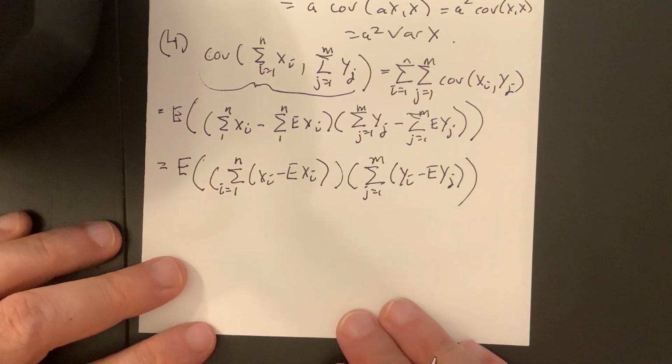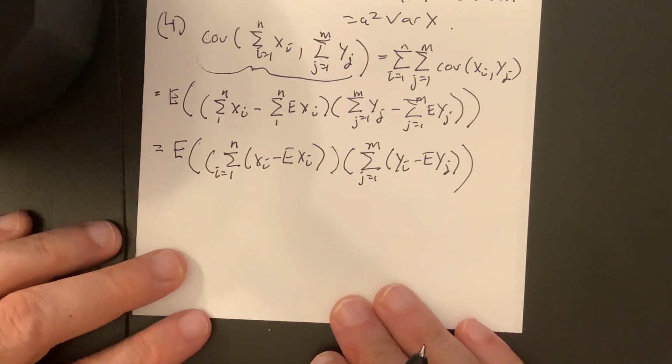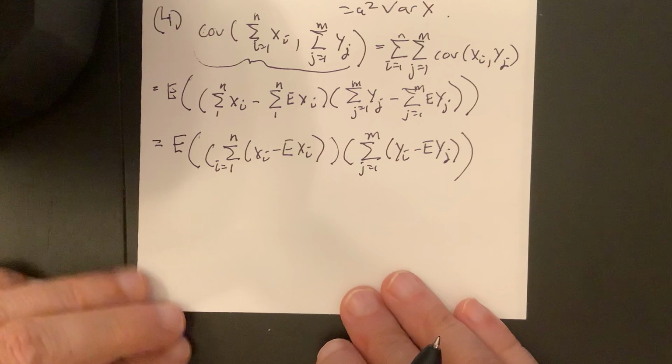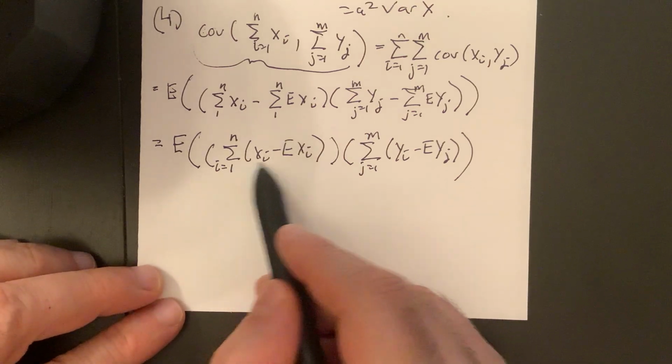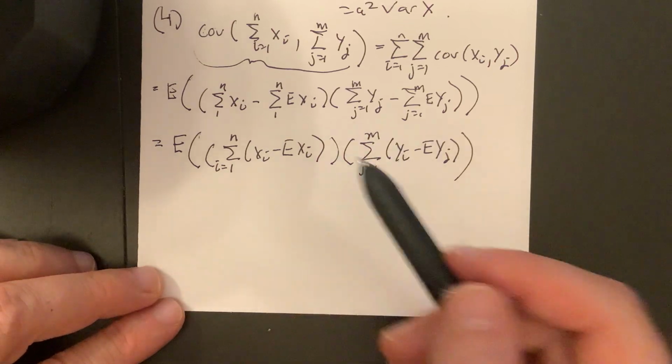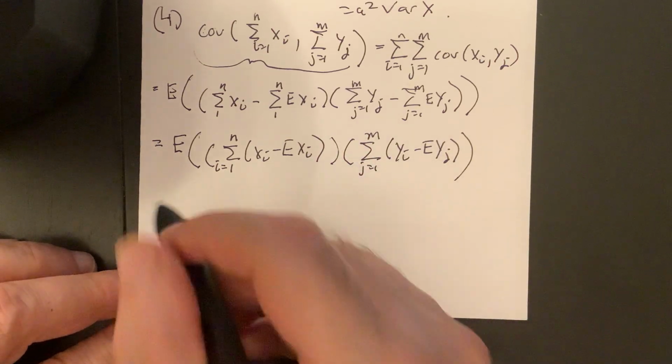And we're there. We're done, I think, pretty much, right? The E can come all the way inside of everything. These are separate indices, so I can do the whole thing all at once.